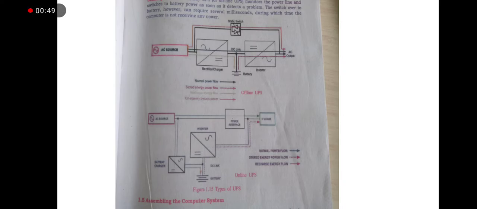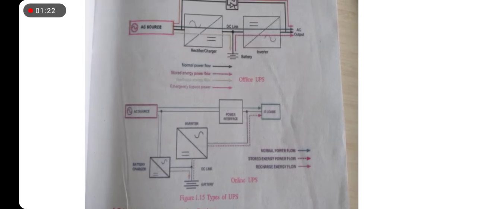So here, the image gives the clear working of the offline UPS as well as the online UPS. The green color arrow indicates normal power flow.